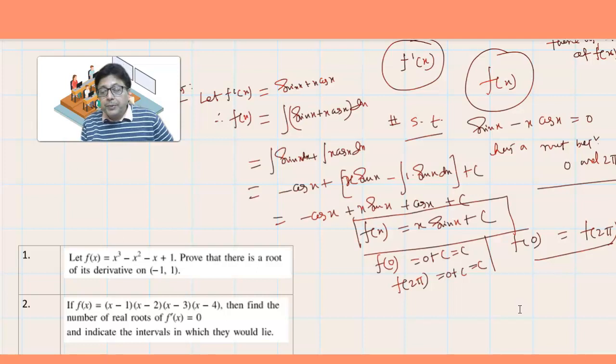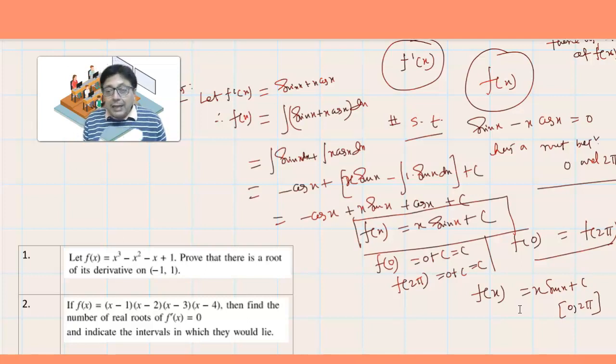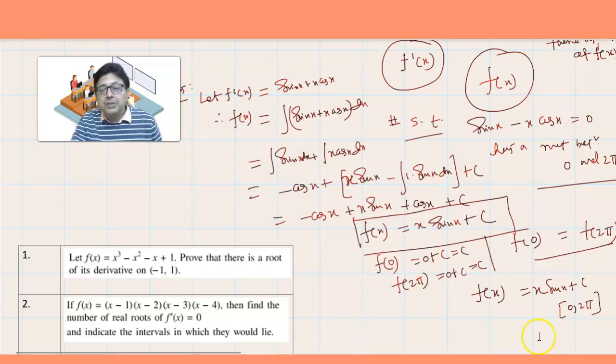So if we are taking this function f(x) equal to x sin x plus c in the interval 0 to 2 pi, it is continuous. In the open interval 0 to 2 pi, it is differentiable. And also we got f(0) equal to f(2 pi). What is going to be your conclusion now?